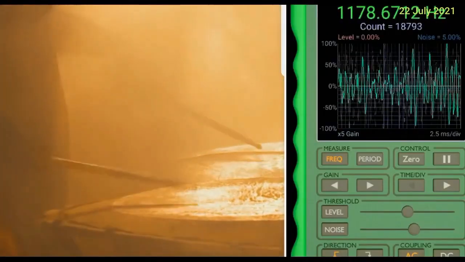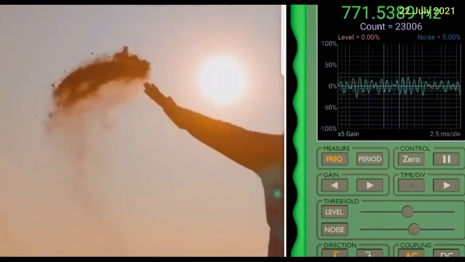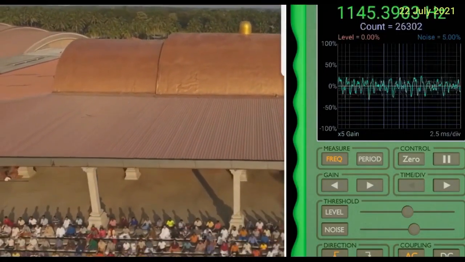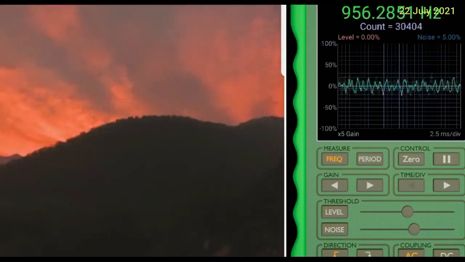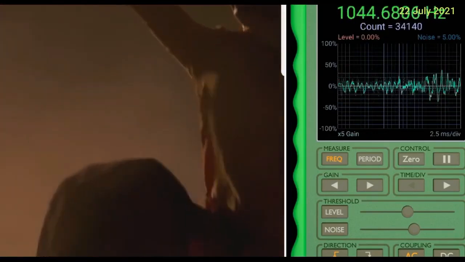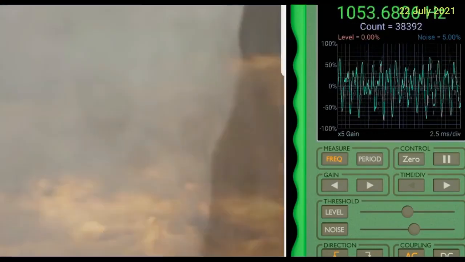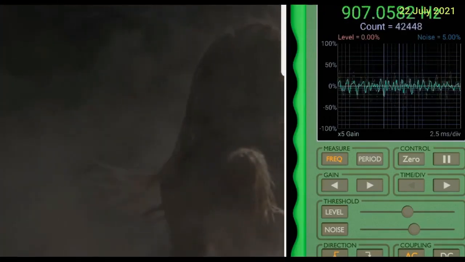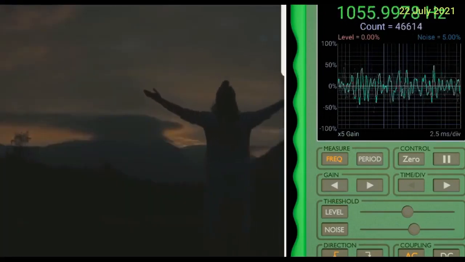Now look at this illustration. You are watching the frequency of the voice on screen which is being played. We shall also see the frequency of birds chirping.